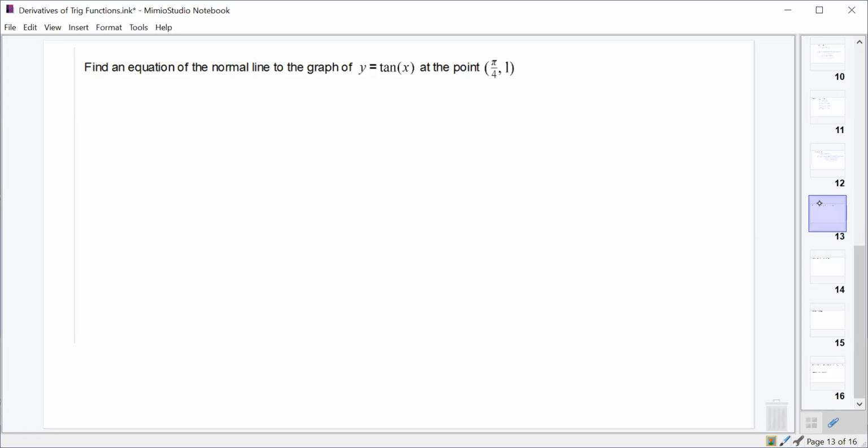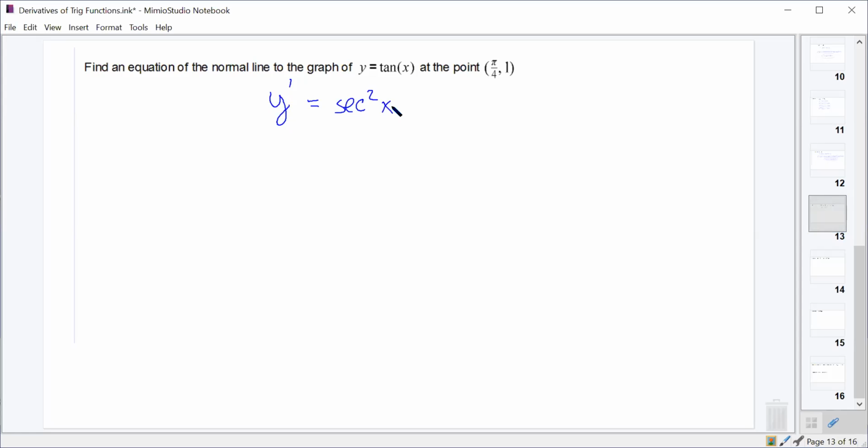And we find the tangent line's slope by, how do we find the slope of the tangent line to a function? We take a derivative. So y prime ought to be secant squared x.